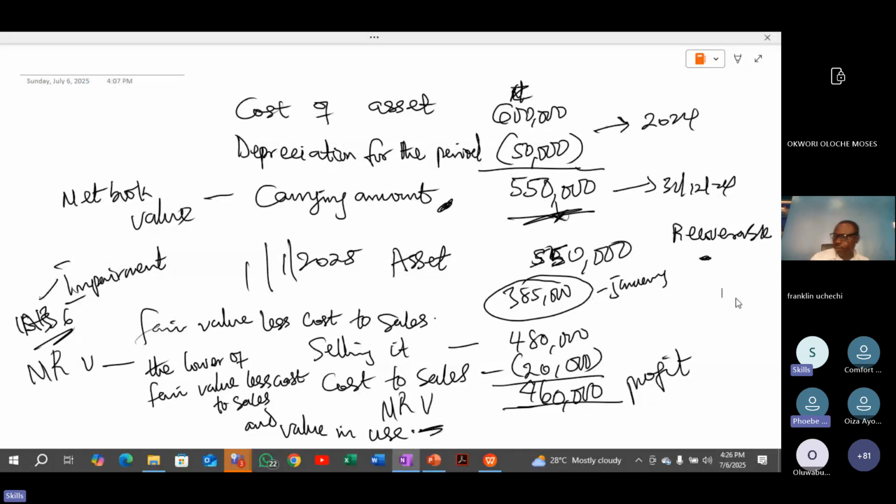That means that the carrying amount will be higher than your recoverable amount. And we said your recoverable amount means the amount you will get when you sell off that asset. We use 450 as an example, while the amount I use as my carrying amount is 550. What happened to that asset? It has suffered impairment loss.